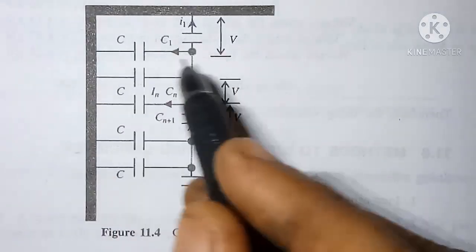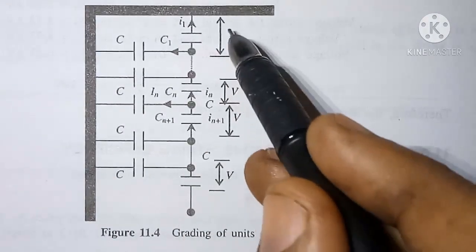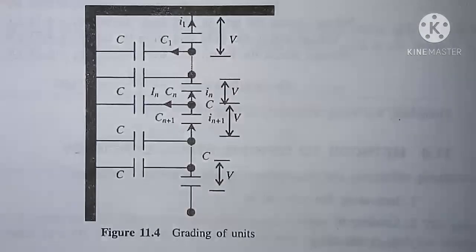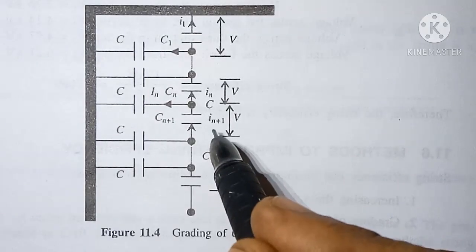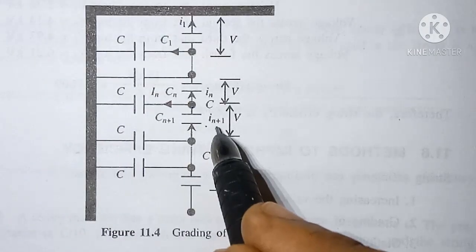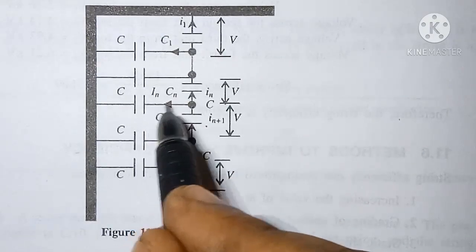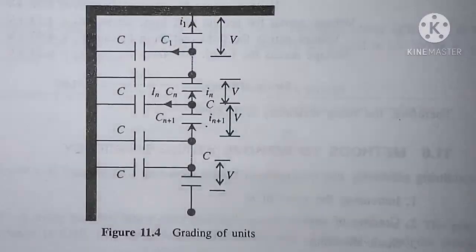Now for this arrangement here, which is made for equal voltage across each unit, we will write an expression for current In plus 1. The current small in plus 1 may be written as capital In plus small in.